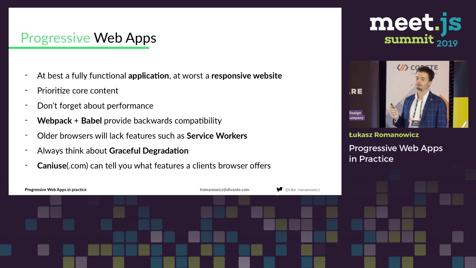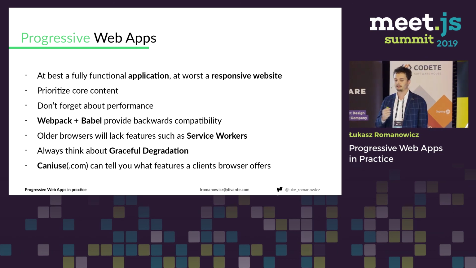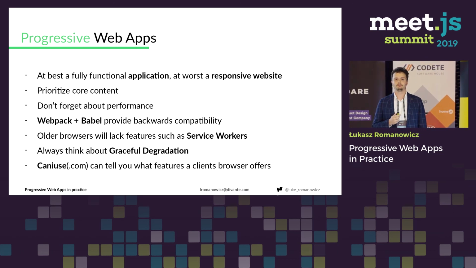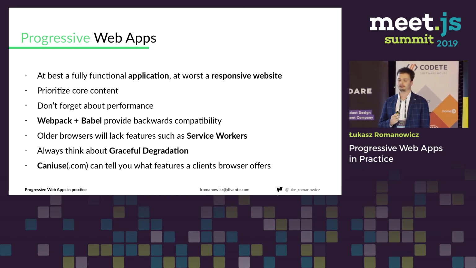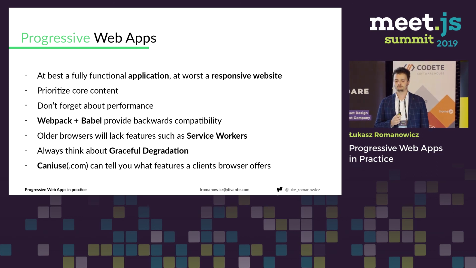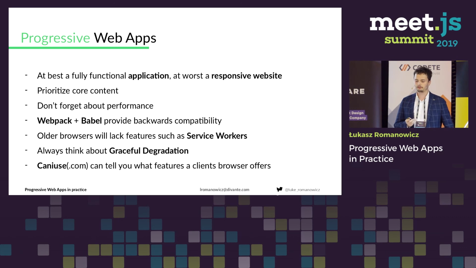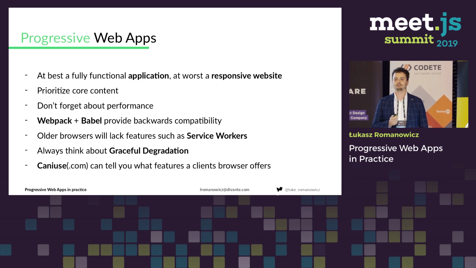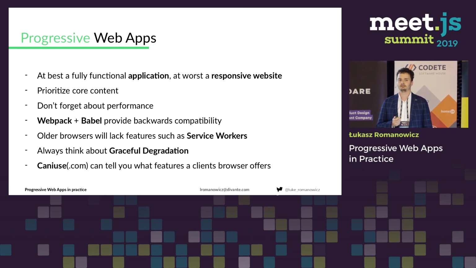You can use Webpack plus Babel to provide compatibility to your code. It's a very useful, handy way of taking care of this automatically, so you don't have to pay too much attention. Of course, older browsers will lack service workers, but let's be honest, who uses Internet Explorer 11 these days and expects the application to work offline, right?